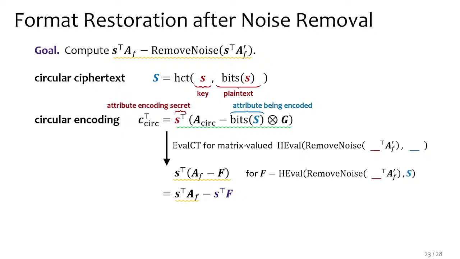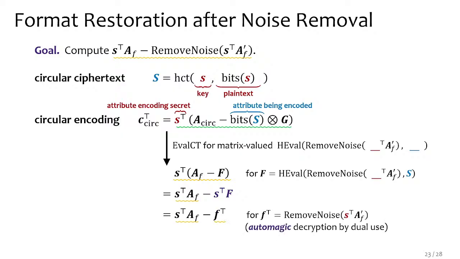So the second term is little s times f, and if you still remember from two slides ago, this is decryption. So this will be little f, where little f is the function being homomorphically evaluated, which is remove noise of something times A_f prime.